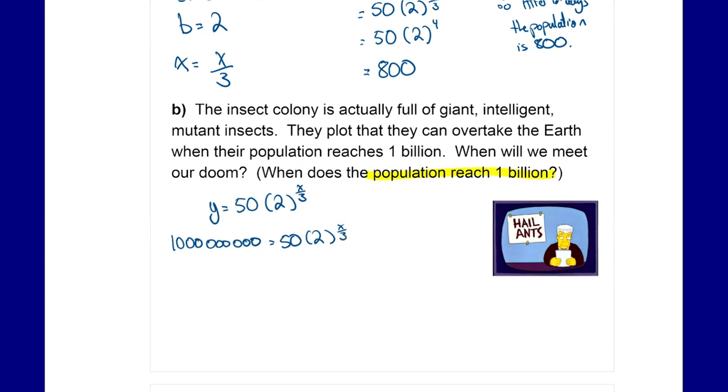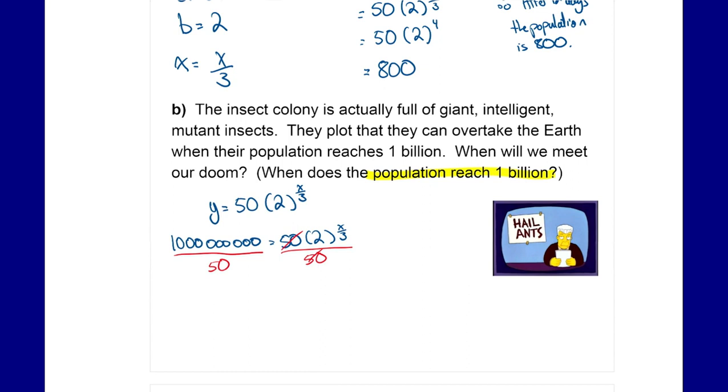Now my goal is to try to isolate for x. And this is where it's going to be new, because you haven't really learned how to solve for x when x is the exponent. But we're going to try to get there first. So we're going to get rid of the 50 like we normally would. We're multiplying by 50, so we're going to divide both sides by 50.